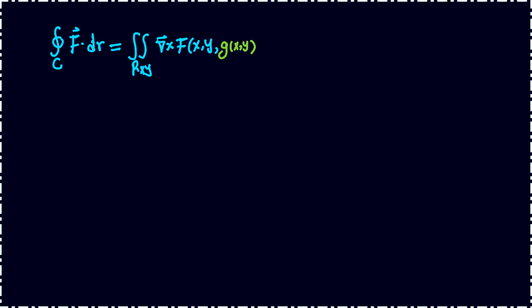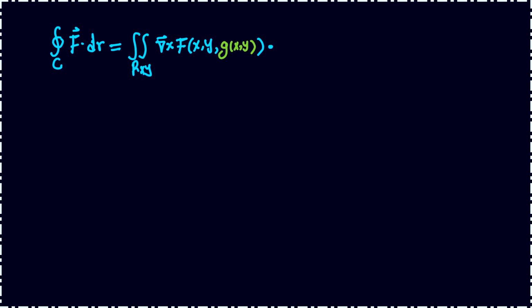So the line integral of the vector field over the curve, which is again the boundary curve, happens to be the double integral over the projection of the surface in the xy plane of the curl of f at x, y, z replaced with g of x, y, which again, this curl is a vector.